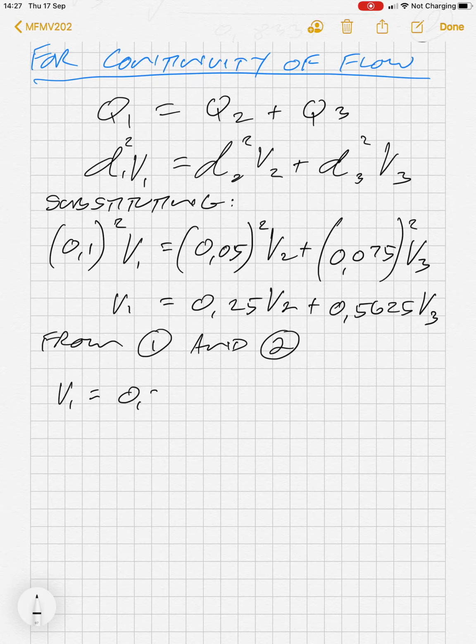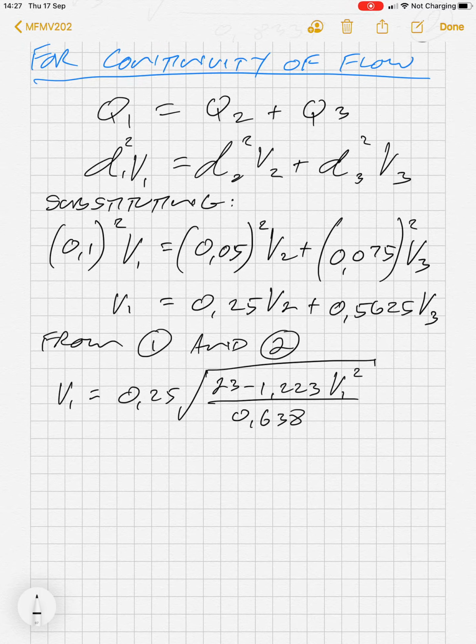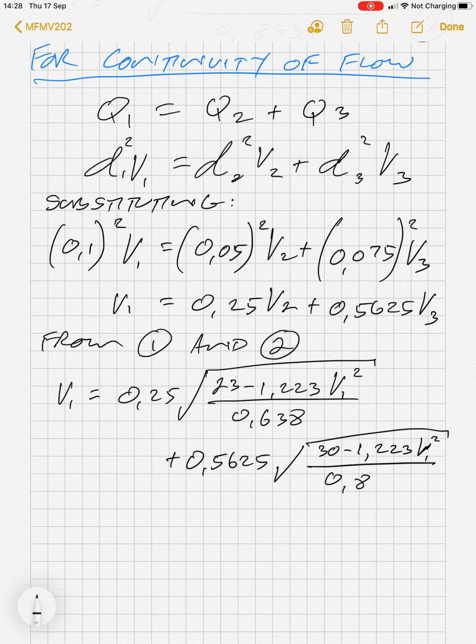So V1 is equal to 0.25 times the square root of 23 minus 1.223 V1 squared, divided by 0.638, plus 0.5625 times the square root of 30 minus 1.223 V1 squared, divided by 0.8337.